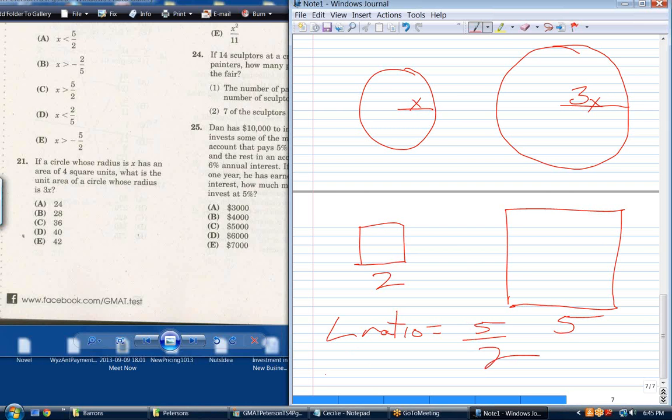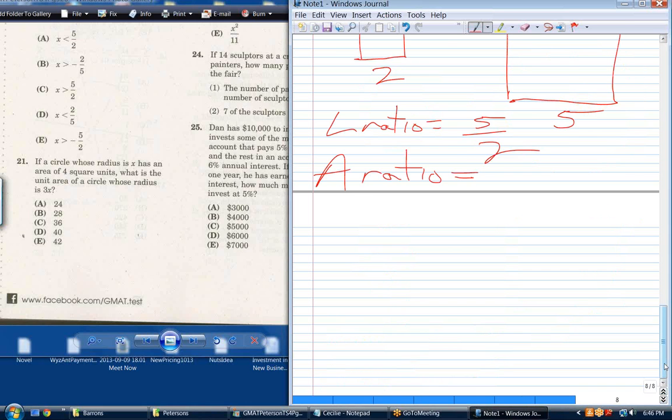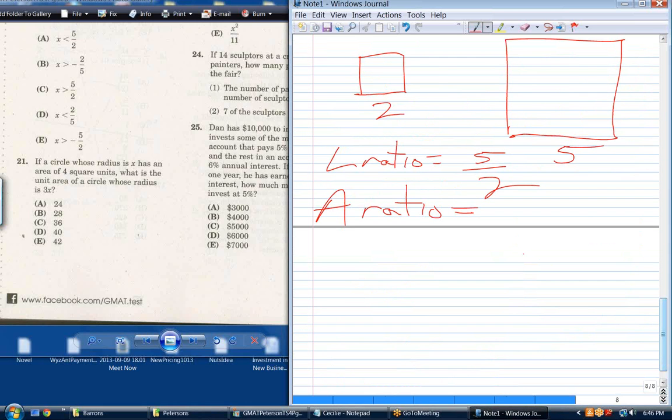So what's their area ratio? If their linear ratio is 5 to 2, square that, top and bottom, and you get their area ratio. Well, then it's 25 to 4. And that's exactly right. If they gave you a square that had a side of 2 and this one had a side of 5 and they said what's the ratio of their areas, it's 25 to 4.